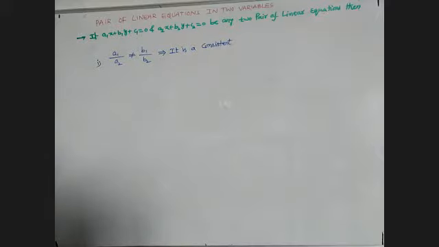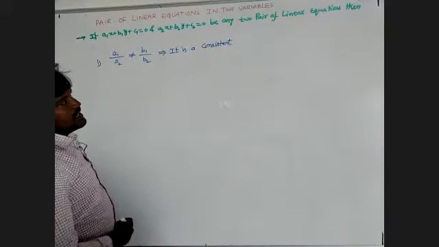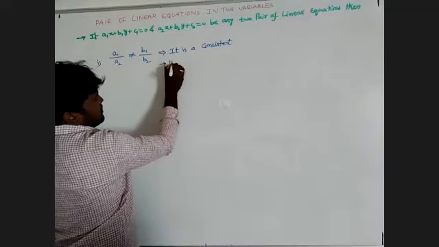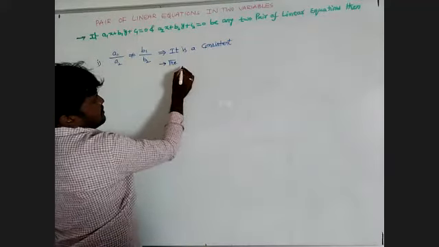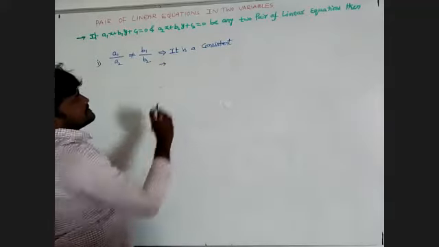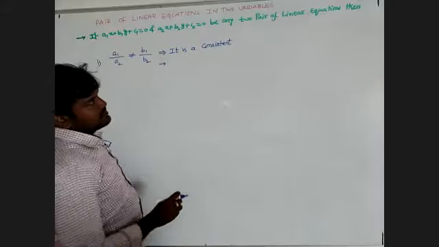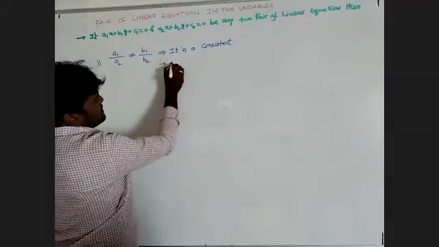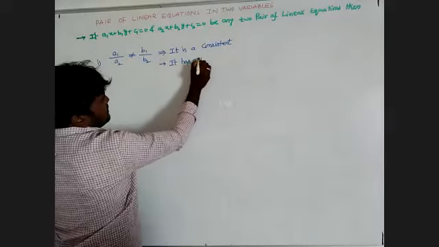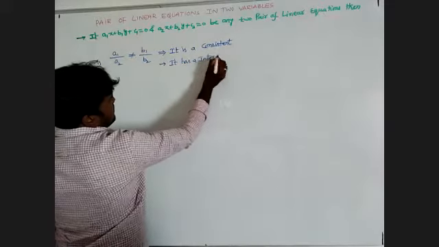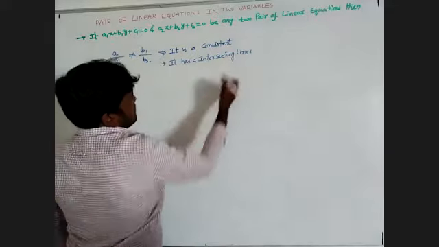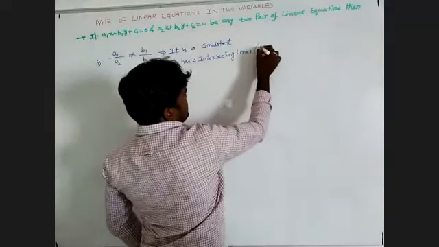When it is consistent, the lines are intersecting lines. These are the intersecting lines in a graph.